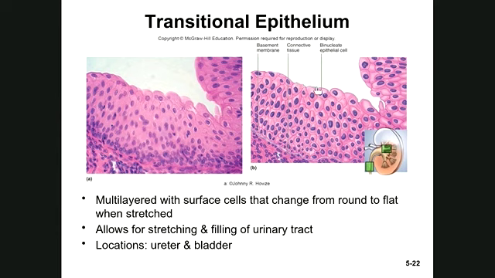The other key for identification of transitional epithelium is presence of some cells which contain two nuclei, which we call binucleated epithelial cells. So these are the binucleated epithelial cells which you can see in transitional epithelium.